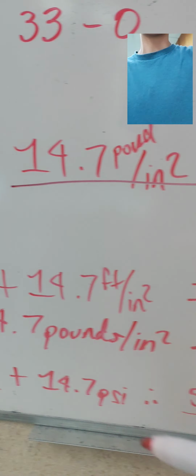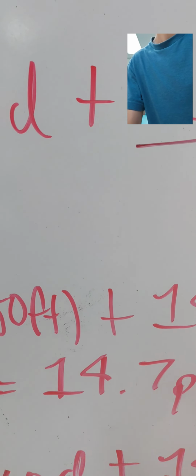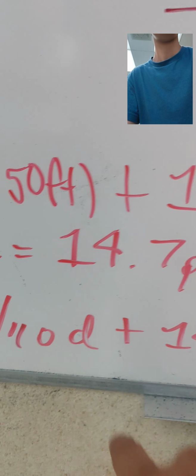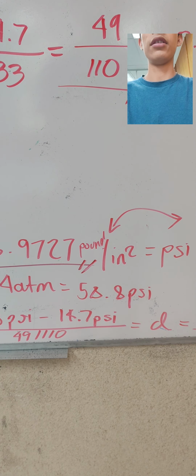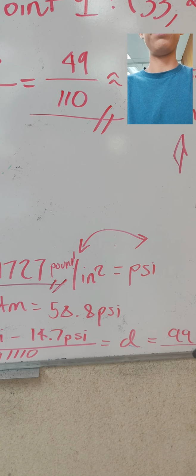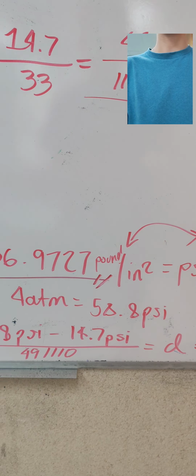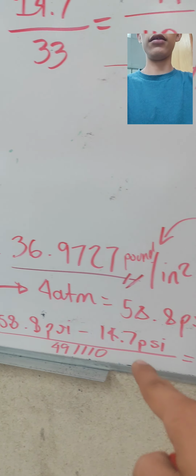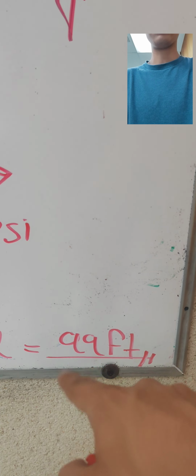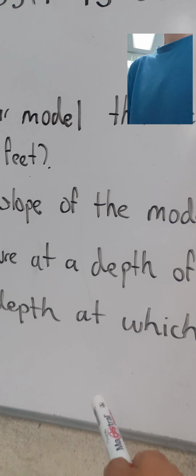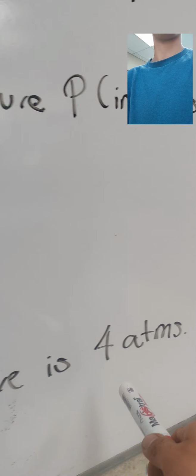So we can rearrange a little bit because we want to know this value D. So 58.8 psi minus 14.7 psi divided by 49 over 110 is going to be equal to D. And making those operations, we are going to obtain 99 feet. So that's the depth at which pressure is 4 atms.